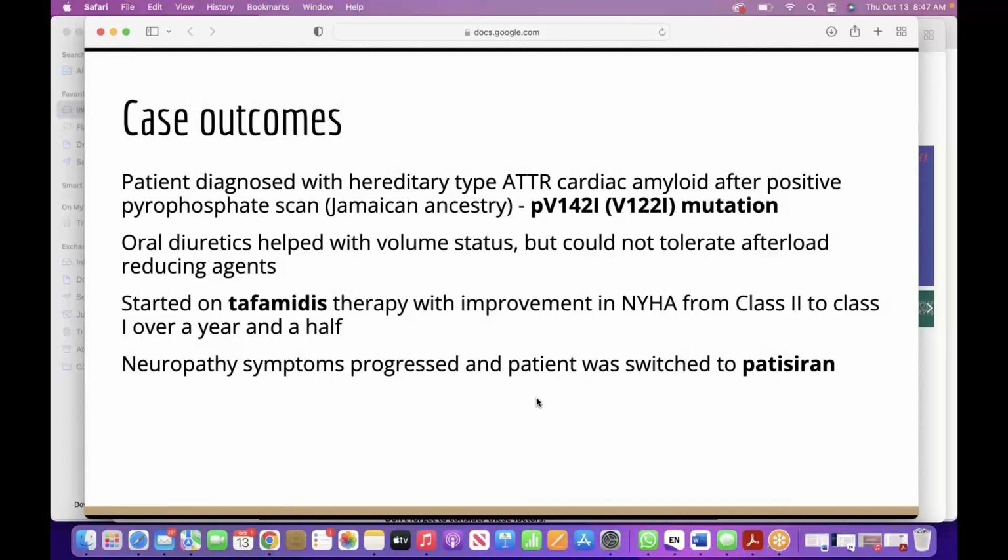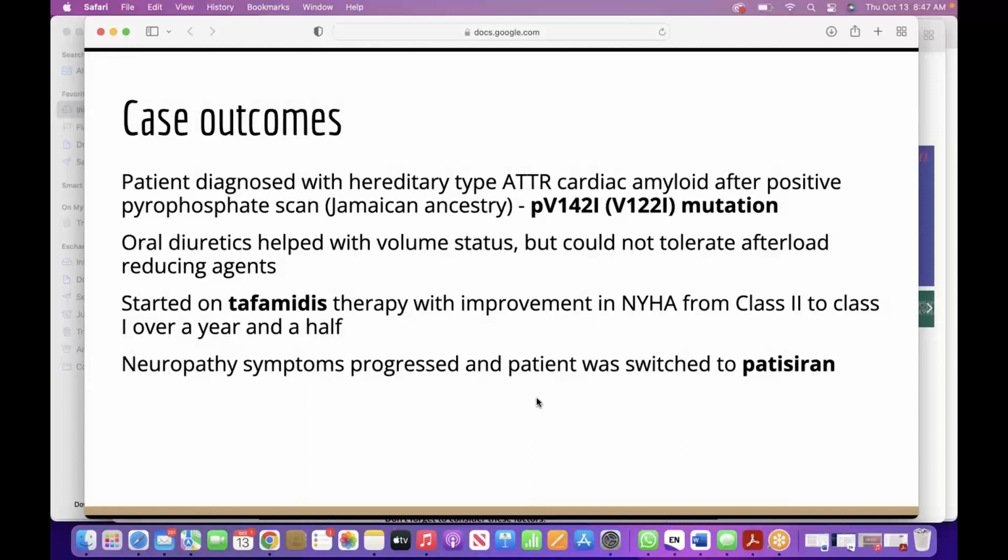The patient was of African Caribbean / Jamaican ancestry, in which case 3.5% of patients from that lineage in North America do have this mutation. It is an autosomal dominant mutation, but the penetrance is quite variable, and people may present at different ages, or they may not present at all with any symptoms.